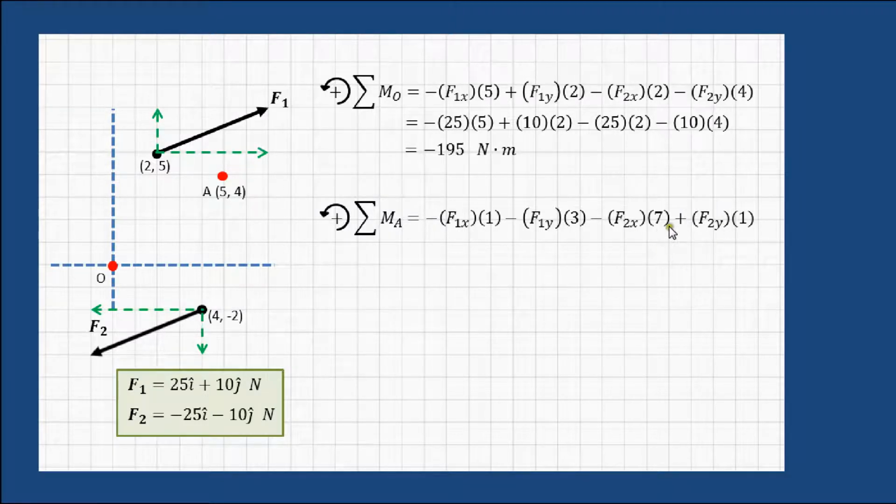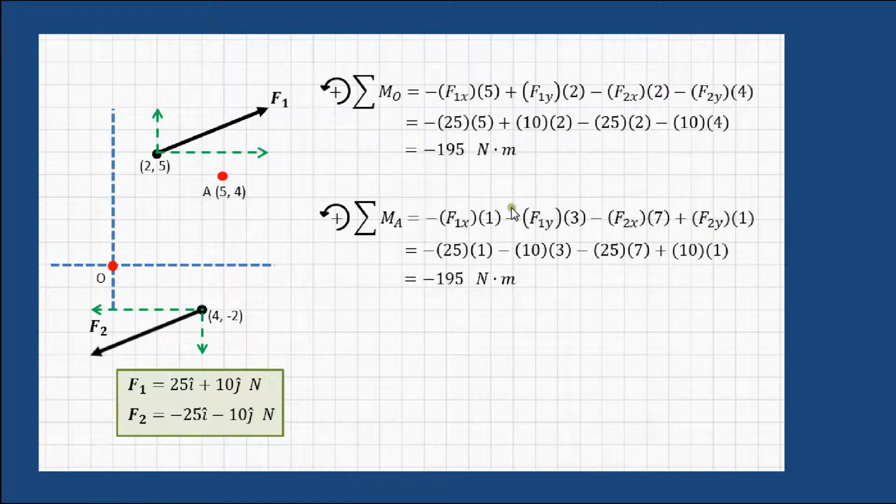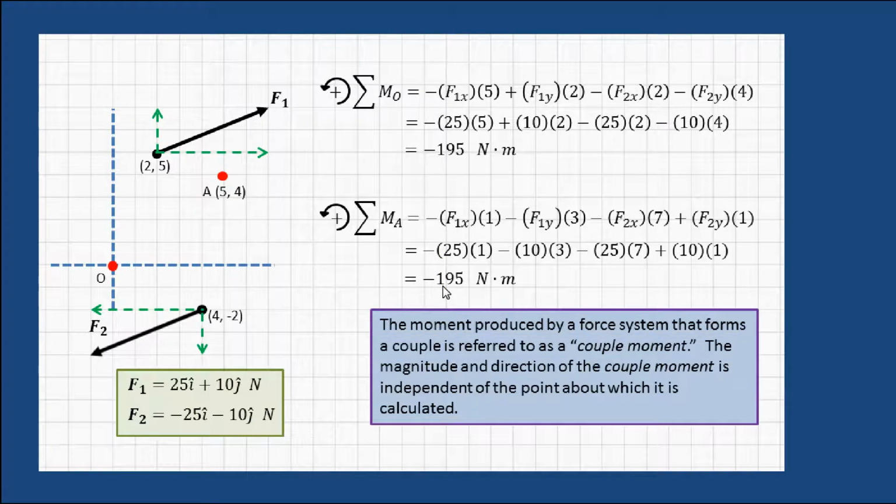And in this case, it's only F2y, this 10 Newton force with a moment arm of 1, that is the only one that causes a counterclockwise or positive moment, designated here by the plus sign. So again, we put in our values, and we find out that the moment about point A is exactly equal to the moment when calculated about point O, which is equal to negative 195 Newton meters.